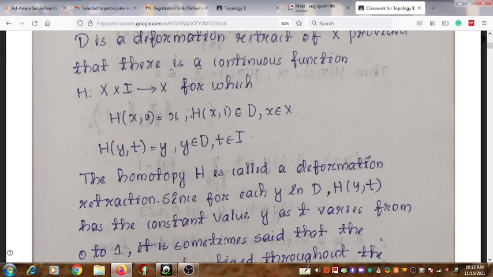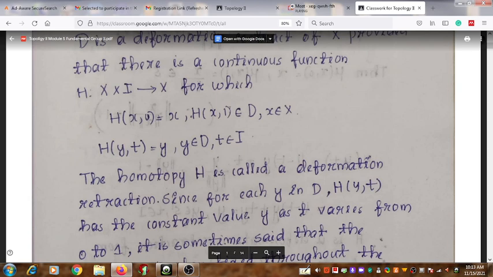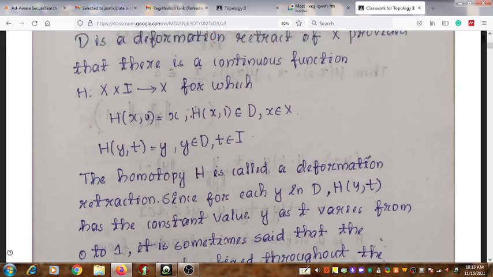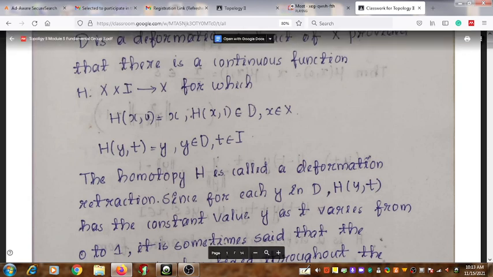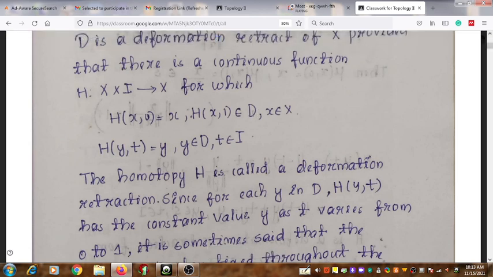So H will map the whole space X to the same space when you are considering t equal to 0, and when you are considering t equal to 1, the other end of the interval I, the space X is completely mapped to the subspace D.